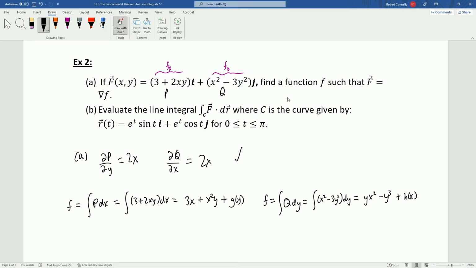There technically could be infinitely many such functions because they could all differ by a constant here. But what we really are just trying to do is match up the information we have. So we know, hey, here we're missing some function of y, here we're missing some function of x. So let's just combine all this information together. What do we got? Well, this thing should look like 3x plus x squared y.